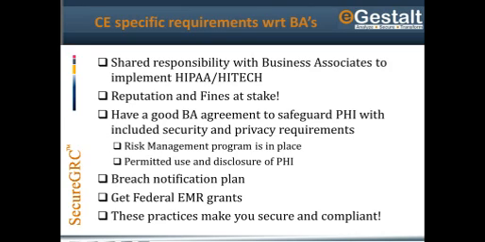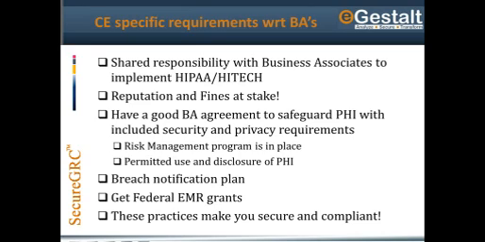So the reason why covered entities need to worry about this is because this is part of the law, and secondly, if there's a breach that goes unreported, then HHS and OCR and whistleblowers can potentially come after you, and that could be a big issue with respect to reputation and fines that might come about.